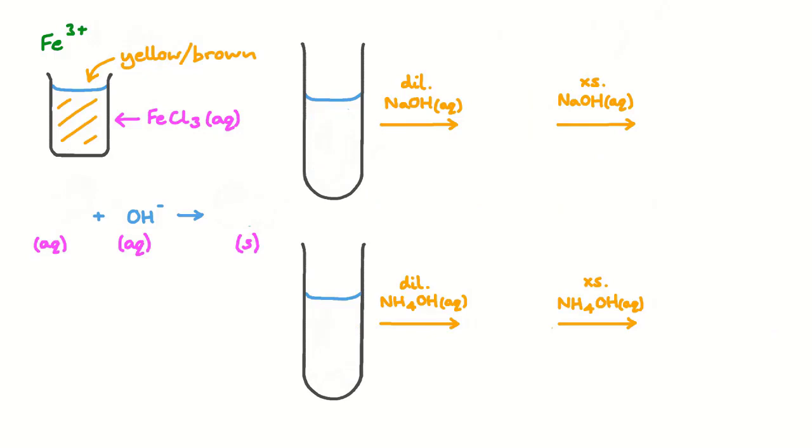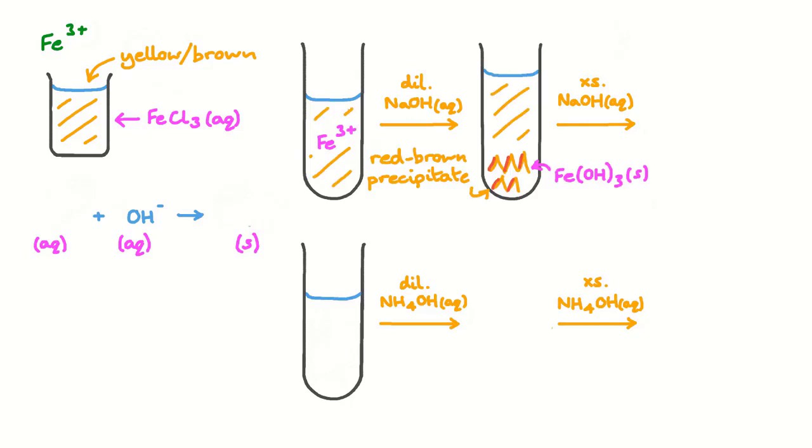Instead of being green, a solution of iron 3 chloride is yellow or brown. The result of the test with dilute sodium hydroxide solution is a red-brown precipitate of iron 3 hydroxide, with an excess producing no further effect.